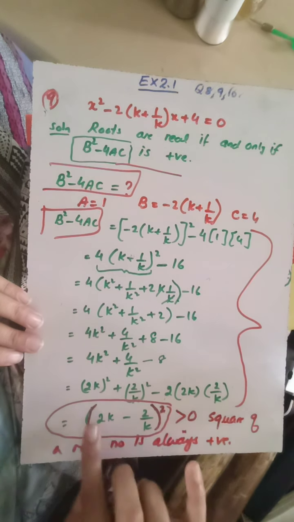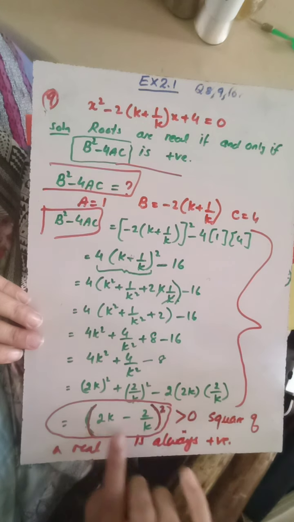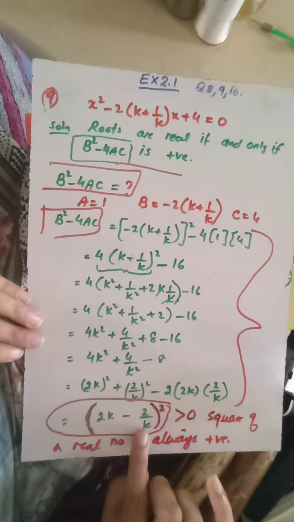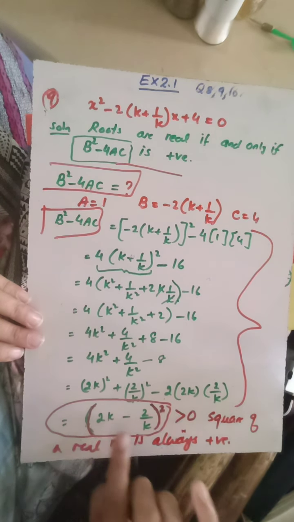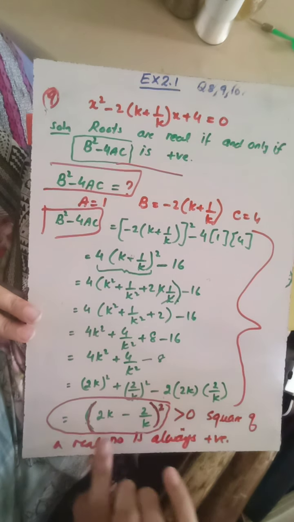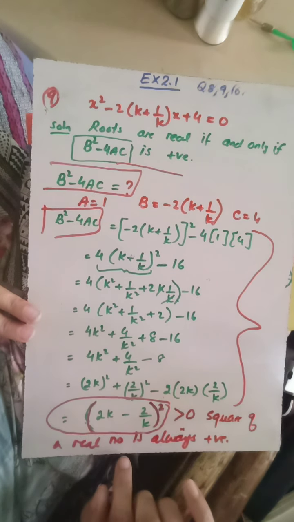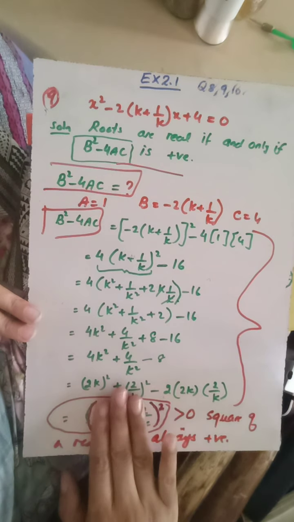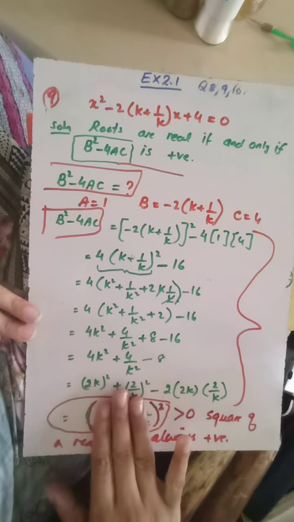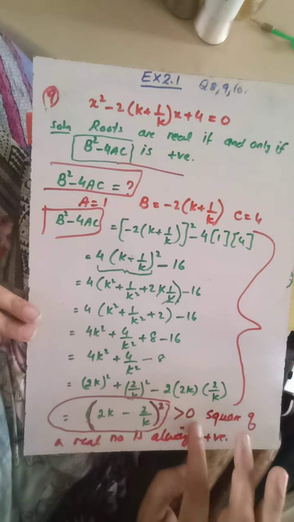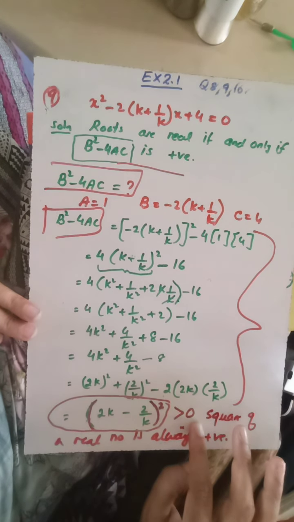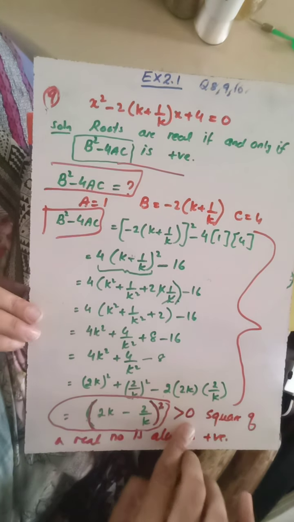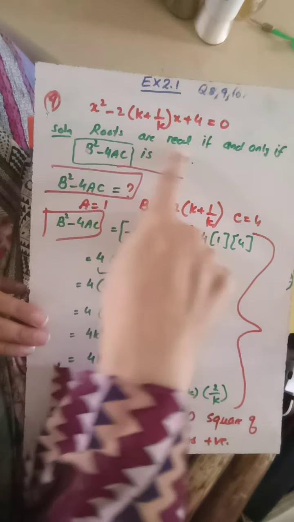So the discriminant will always be greater than 0 whatever the value of k we use. The value of k is not affecting the positivity of this expression, because it is inside the bracket, and whatever we get inside the bracket, whether negative or positive, the answer after squaring will always be a positive real number. So as the discriminant is greater than 0, this proves that the roots are real.